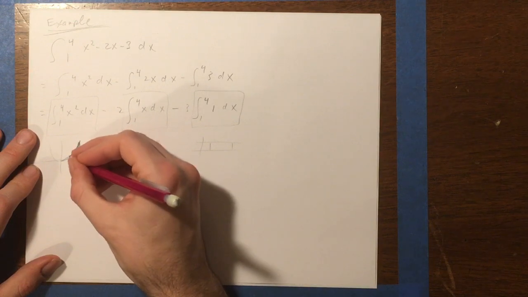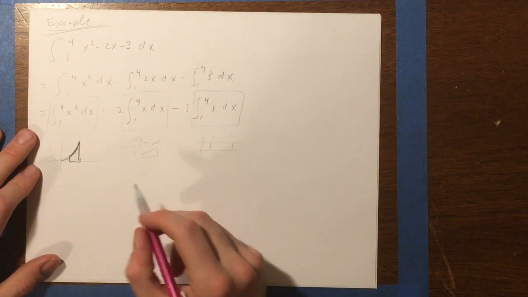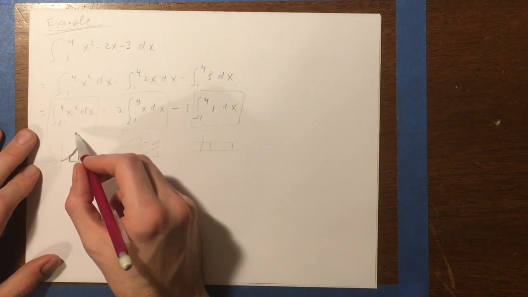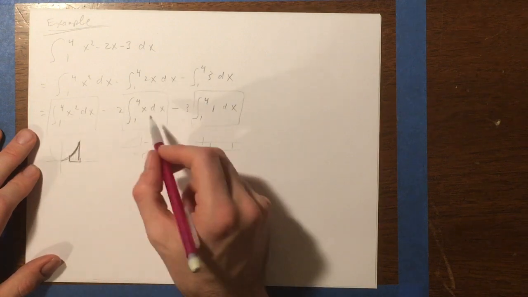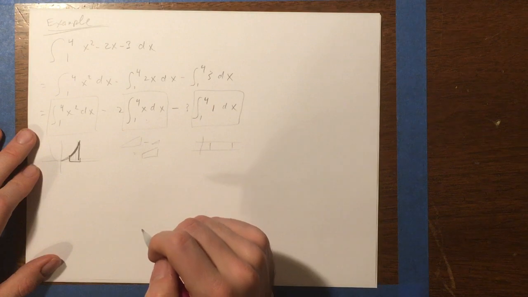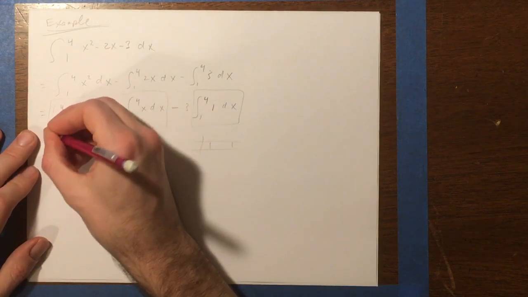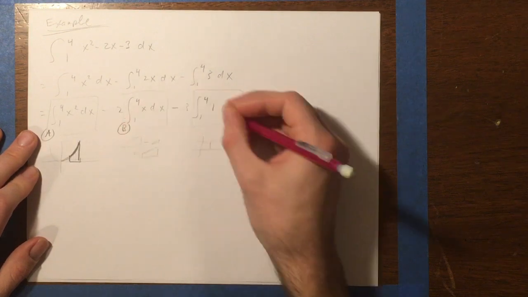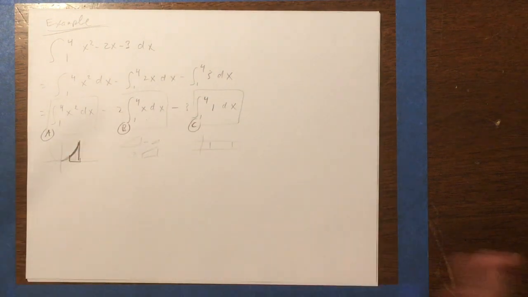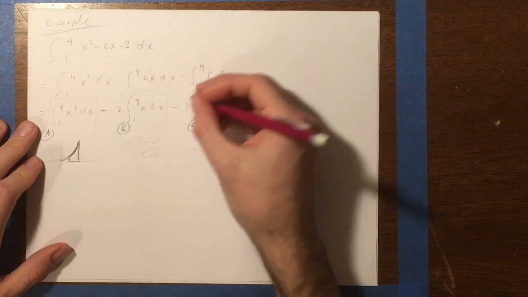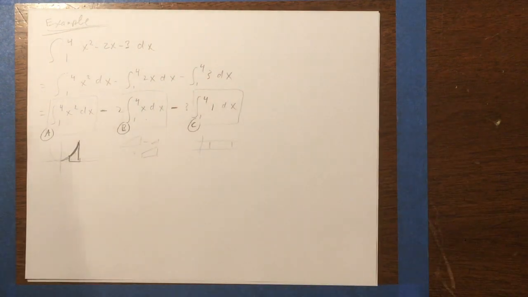That's not like a shape that we have formulas for, right? So this is the only part right here where we're going to need to do a limit of a Riemann sum. That and that we can calculate with geometry. Let's focus on this one, the x squared part. Okay, I'm going to call these A, B, and C because I'm probably going to do them each separately and then combine them back together. The subtractions here are how we're going to combine them.